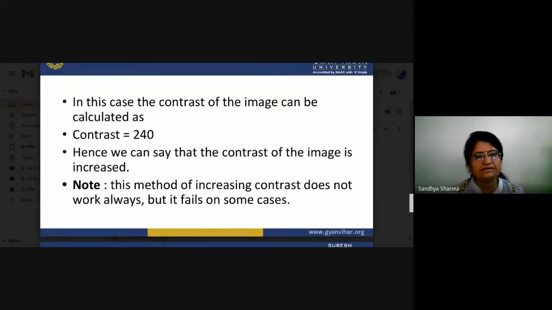The contrast is equal to 240, hence we can say the contrast of the image is increased. This method of increasing contrast doesn't always work, it fails in some cases, so it will not always be increased.